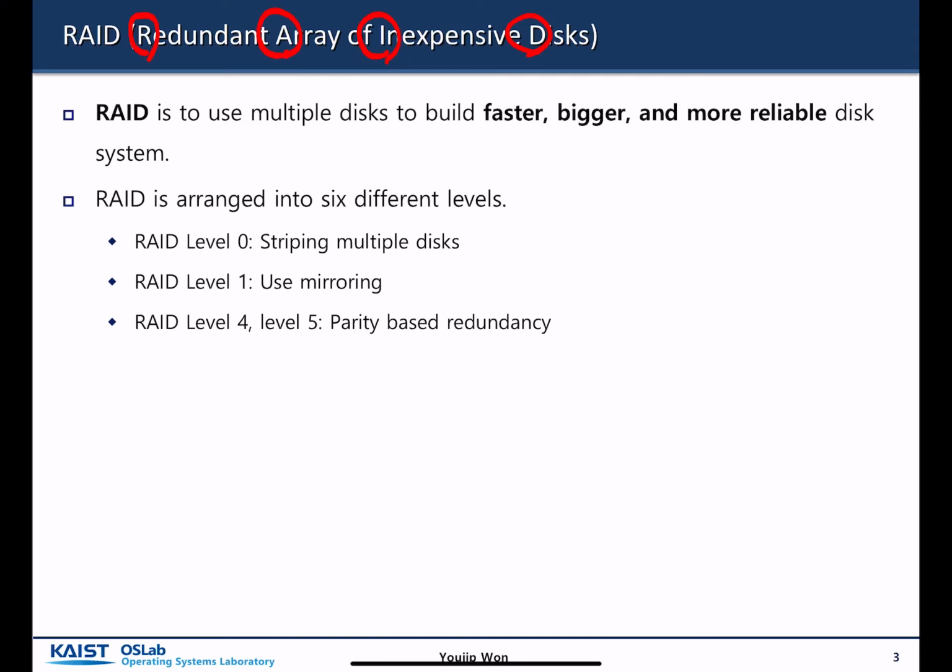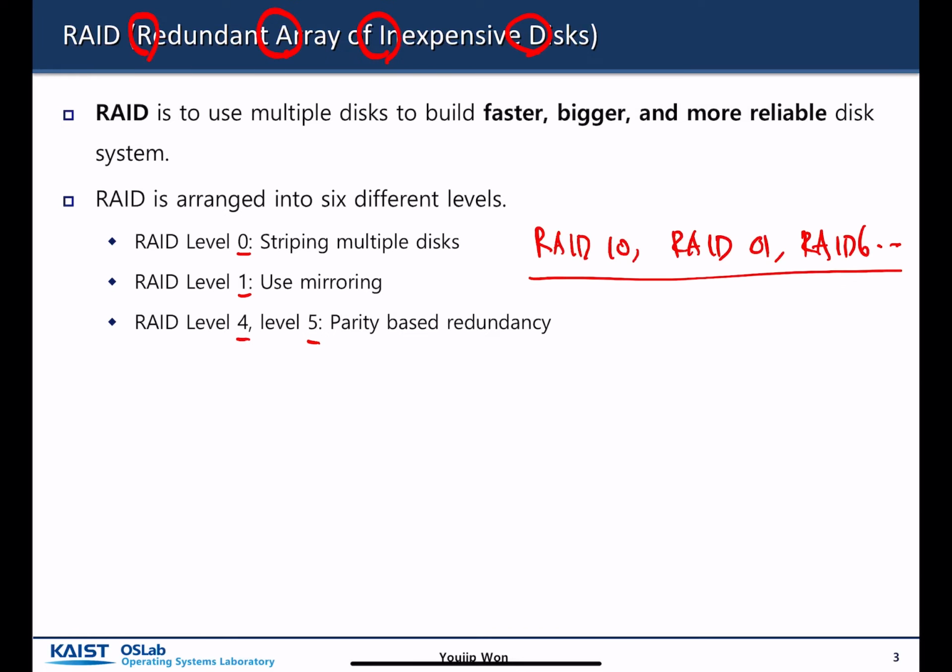There are many levels of RAID, and we are going to introduce 4 different levels: RAID 0, RAID 1, RAID 4, and RAID 5. Of course, there are many other types of RAID, for example RAID 10, RAID 01, or RAID 6. But in this lecture, we're going to cover just 4.